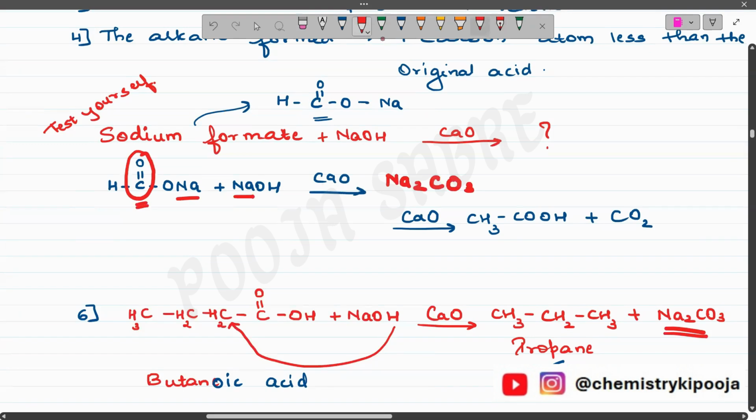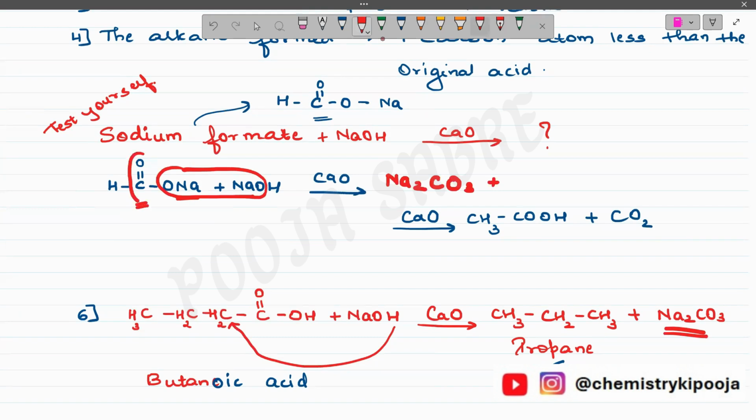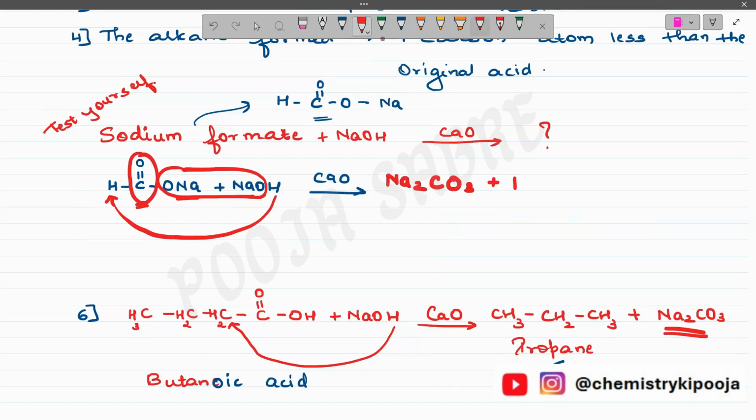So this is the byproduct I have written. That means we have used up this entire part as well as this part. Now what are we left with? We are left with only hydrogen and hydrogen. So these two hydrogens are going to form a bond between them and then H2 gas will be released.